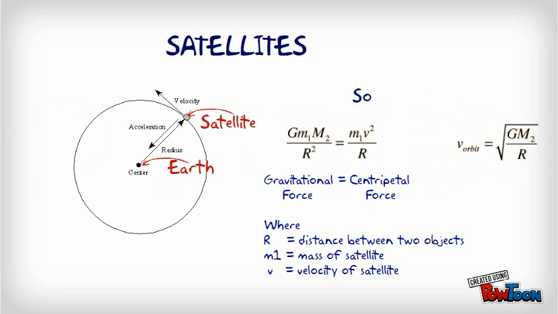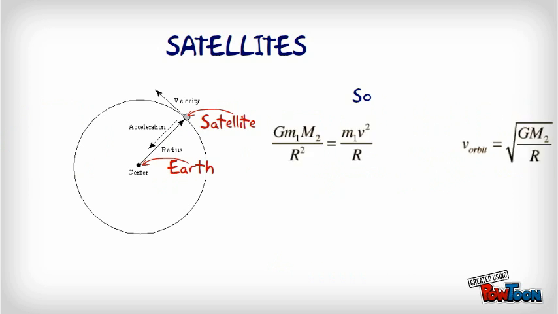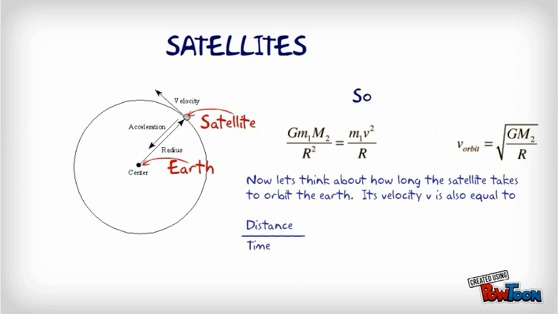Now let's take this a little bit further. Let's think about how long the satellite will take to orbit the Earth. Its velocity v must also be equal to the distance it travels divided by the time it takes. So the distance travelled around the circle is just the perimeter of the circle, which is 2 pi r. r is the radius of the orbit.